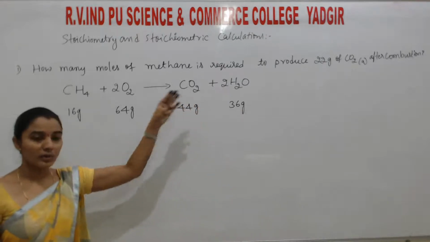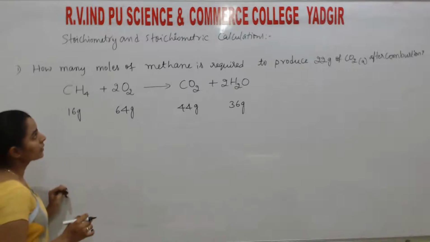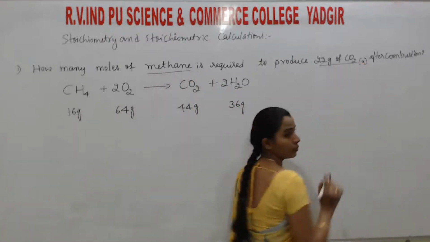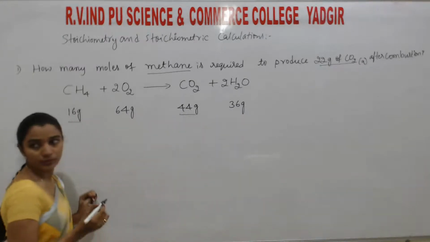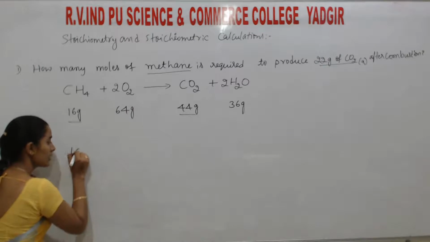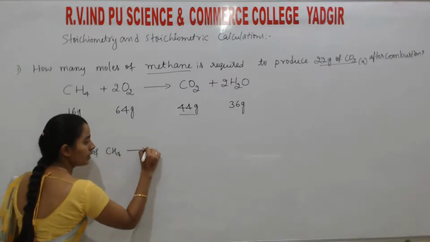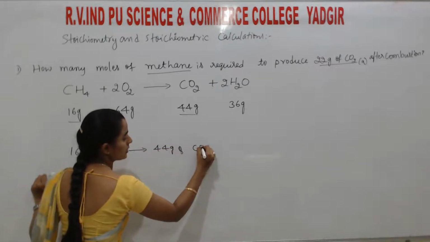Since it is given in gram, you have to take this in gram. Next compare whatever they ask, the methane as well as CO2. You just take the comparison between methane and CO2. That means 16 gram of methane gives 44 gram of CO2.